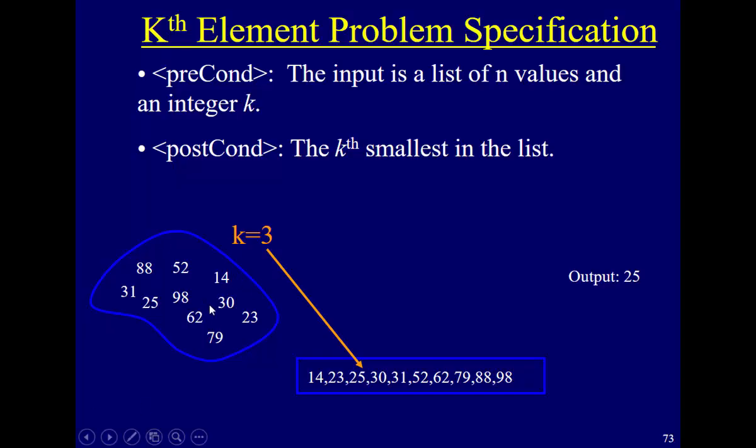You're given a list and a K. Here's one way of solving it: sort the list and return the kth in the list. So it's returning the kth smallest. If K is 1, it returns the smallest. K is 2, it returns the second smallest. If K is n, it returns the biggest. Why? Because that's what our boss gave us.